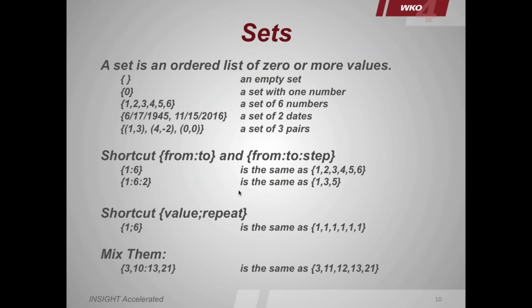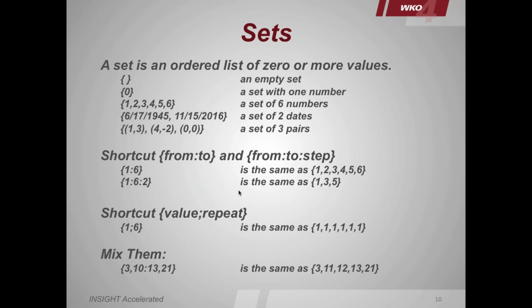So the thing is, you'll notice that I had to create a separate data series for each point that I drew. So really what we want is the ability to draw multiple points without having to create multiple data series. So a set is really just a list of numbers.